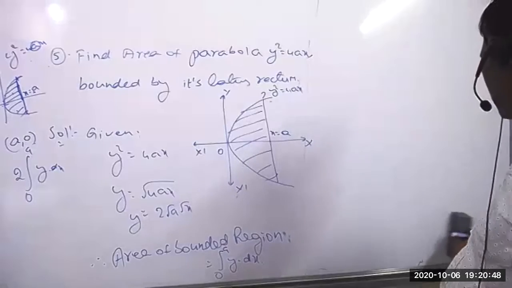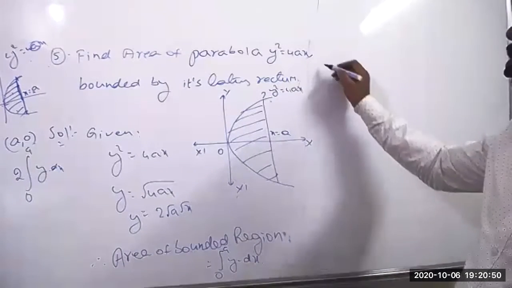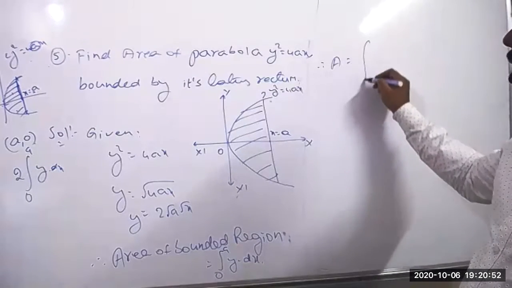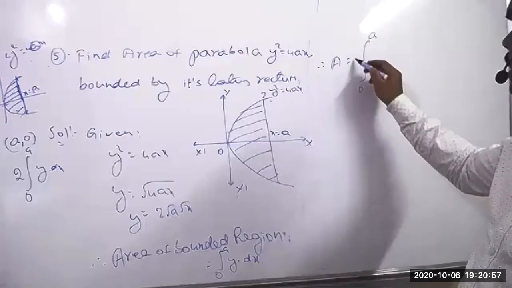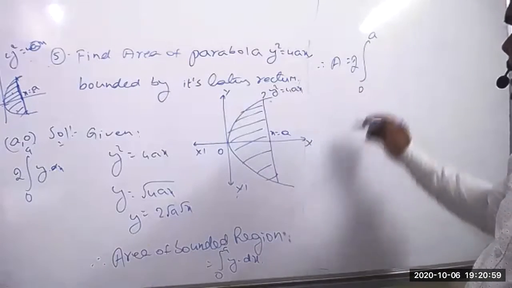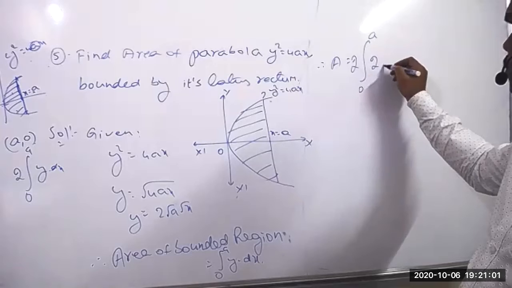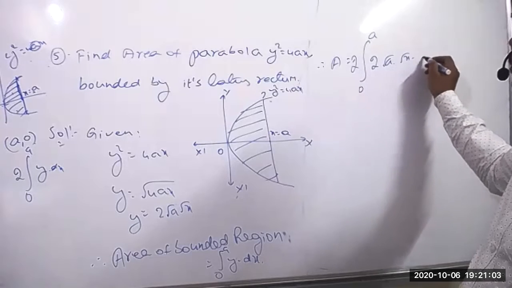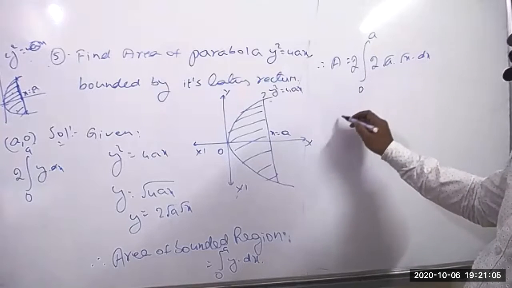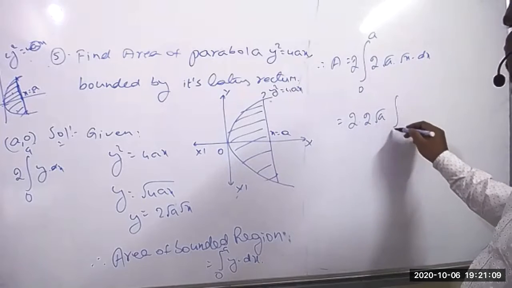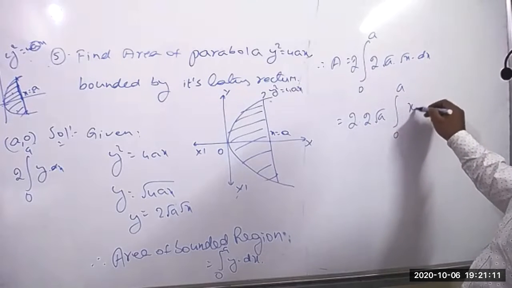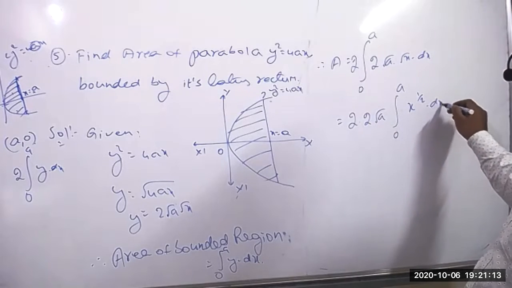Again two parts are there, so you can take 2 into it. So y equals 2 into root a into root x into dx. 2 root a is the constant value, take it outside. 2 into root a, integration of 0 to a, x power 1 by 2 into dx.